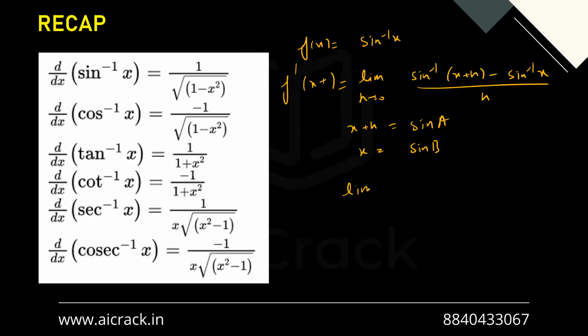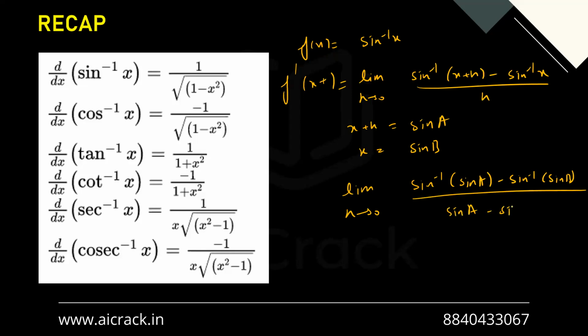This would become limit h approaches 0 of sine inverse sine A minus sine inverse sine B, divided by h, and h would be x plus h minus x, that would be sine A minus sine B, right?